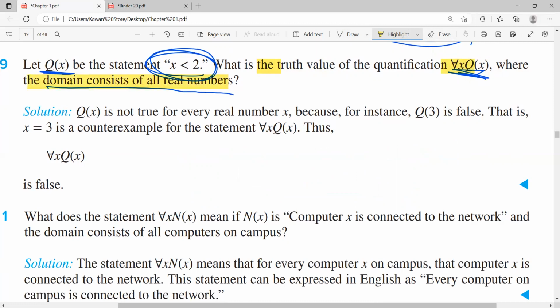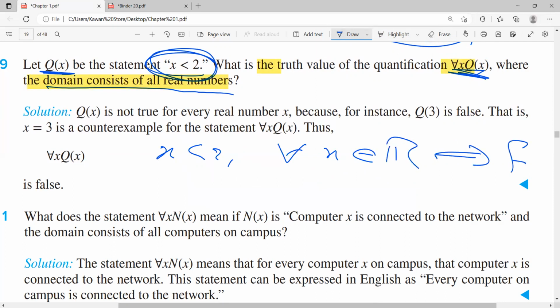It means you have Q, X less than 2, for all X belonging to the real numbers. Of course, that one is false. Why? Because at least I have 3. I told you, if you want to make the for all false, at least bring one example: 3, which is not less than 2.